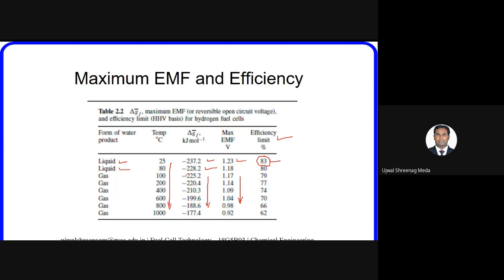So with that, as we know that the change in Gibbs energy of formation is completely dependent on temperature, and with increase in temperature, the delta GF decreases. So with that, the maximum voltage as well as the efficiency limit will also decrease.